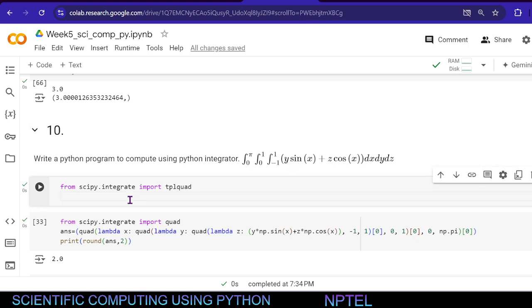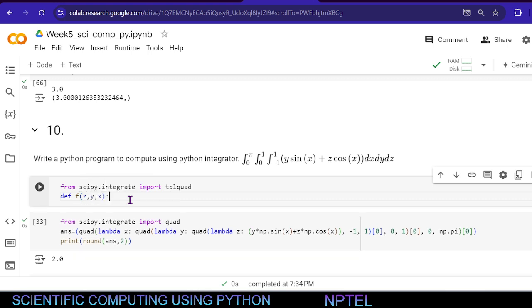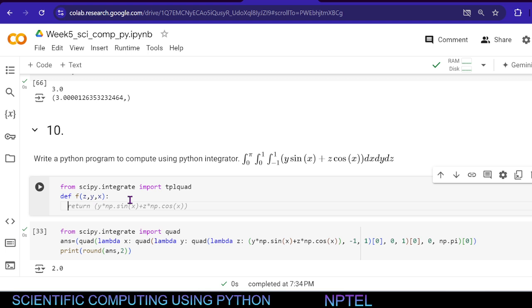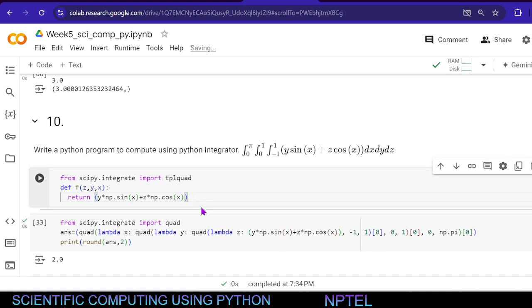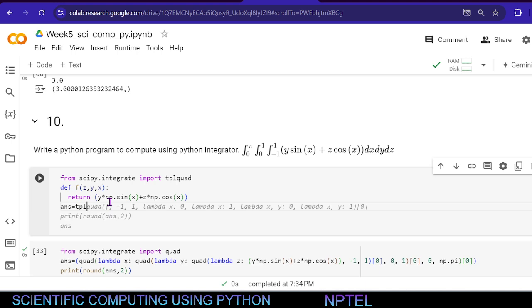So that's why let me define a function which is a function of z, y and x. So first we try the reverse. Okay, and return this function y times sin x plus z times cos x. Now, so what's the idea that z goes first? Okay, and now the answer is tplquad. So I have imported tplquad.